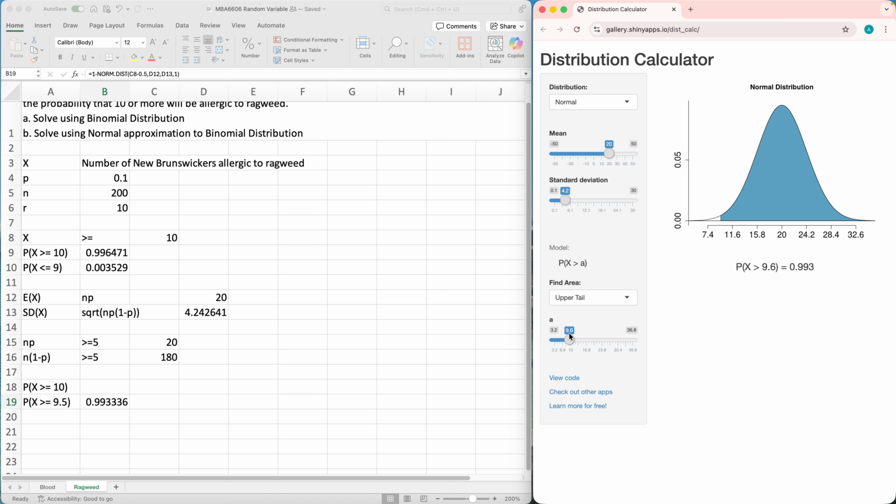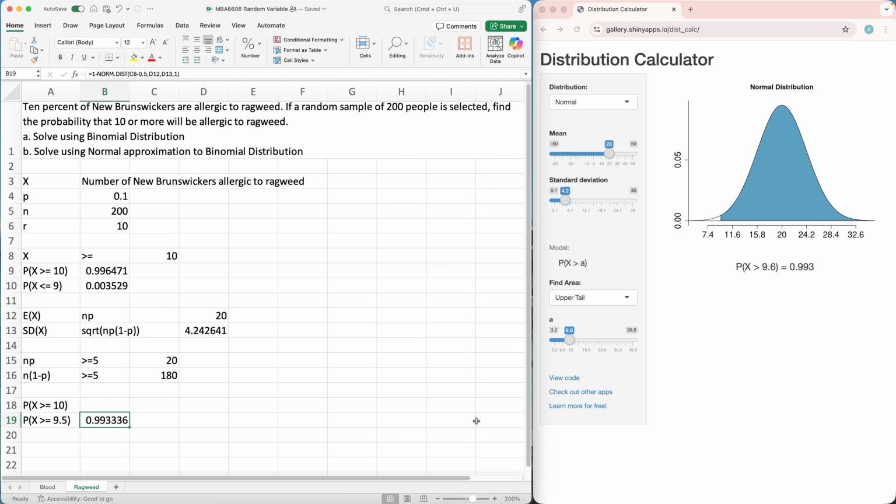I'm not able to get exactly 9.5, but since I'm taking 4.2 instead of 4.242, we see that it comes close to 0.993, which is the same value we calculated here. So this is how we apply the continuity correction when we use a continuous probability distribution for a discrete probability distribution.